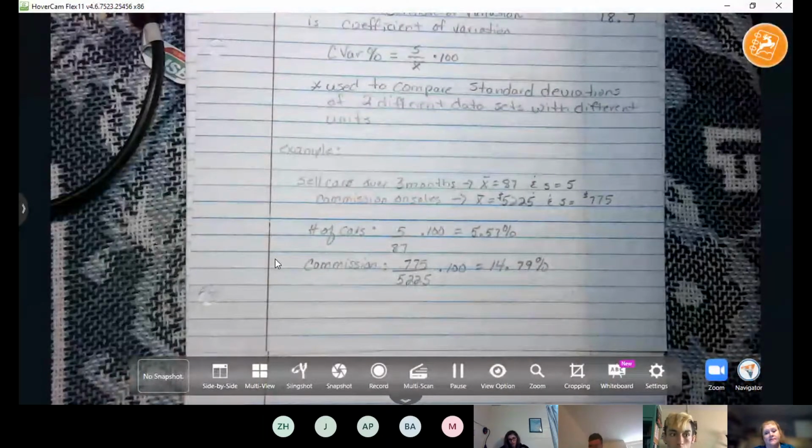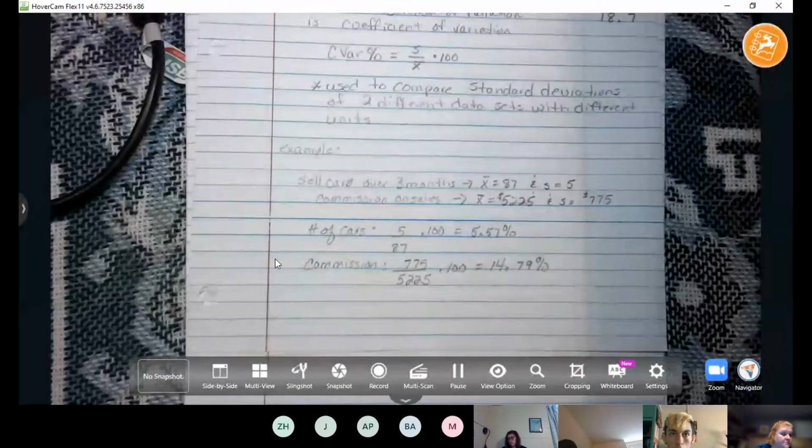Which is giving the bigger result? Commission or the number of cars being sold?